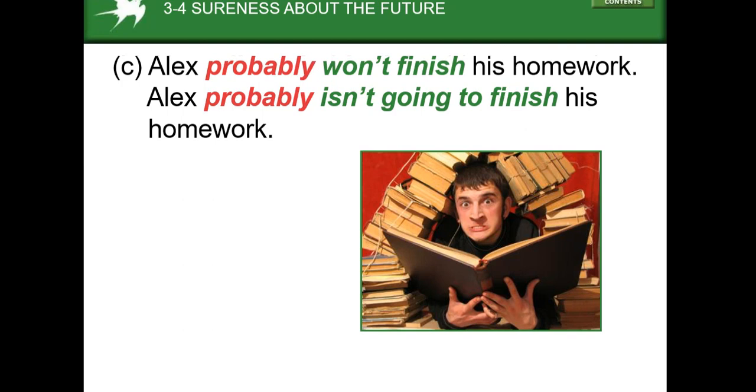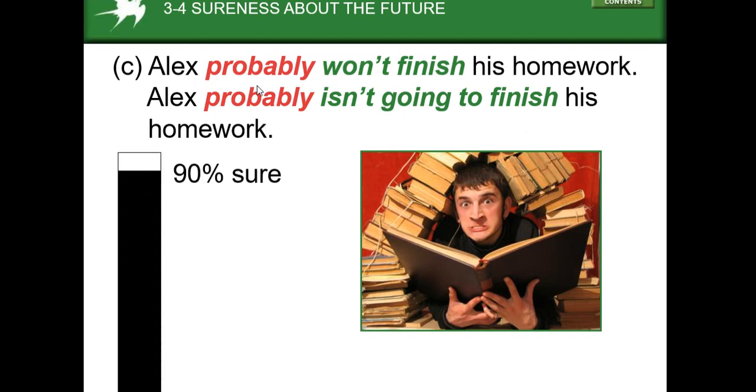Alex probably isn't going to finish his homework. Are these sentences in affirmative or negative? Tell me. Alex probably isn't going to finish his homework is negative, and the first sentence is also negative.